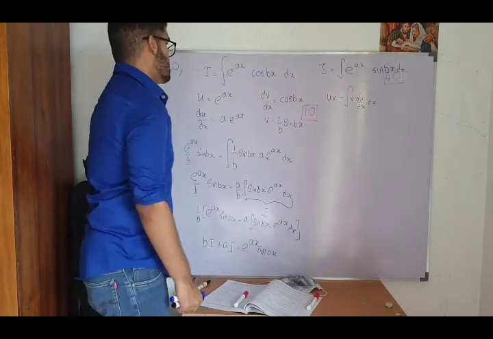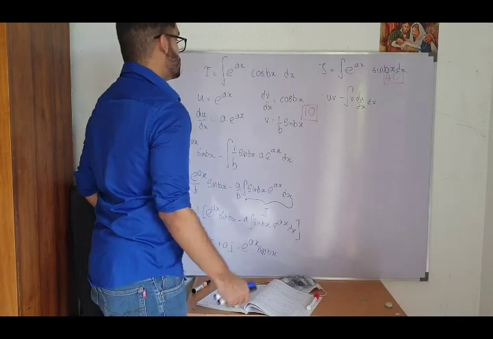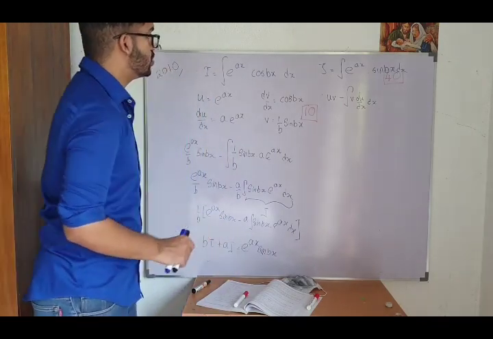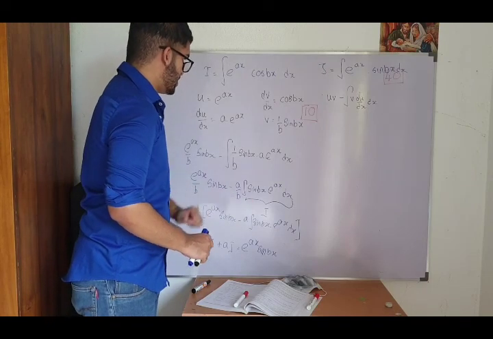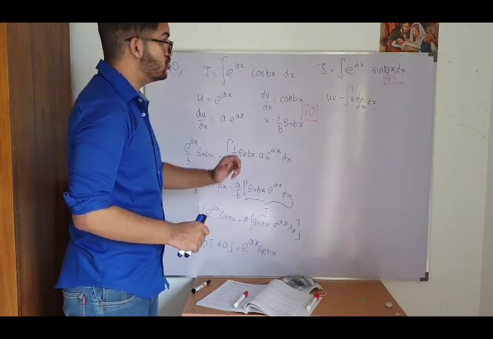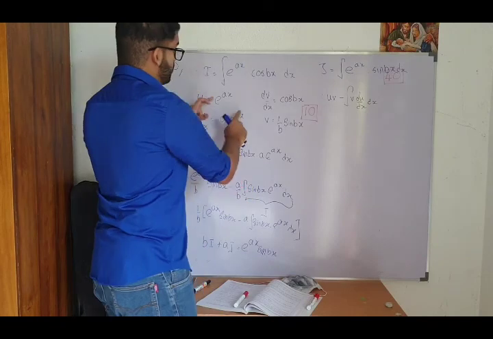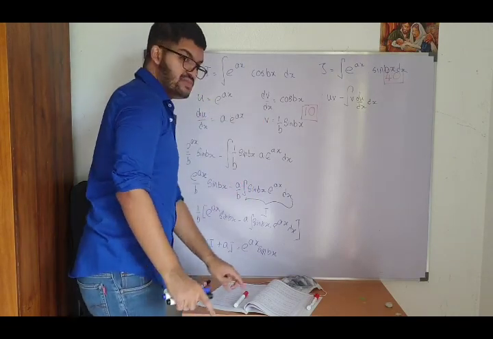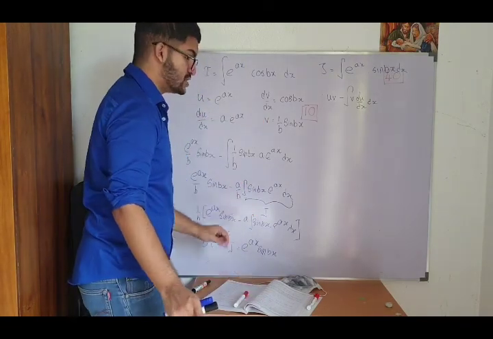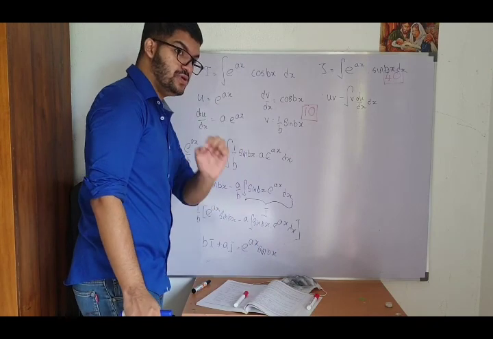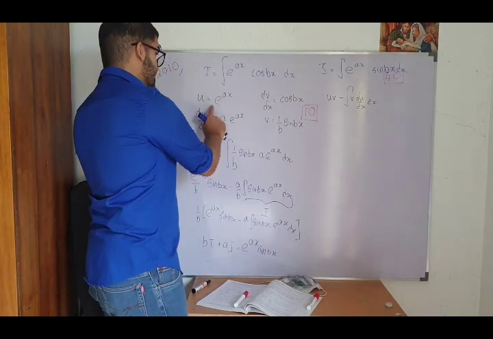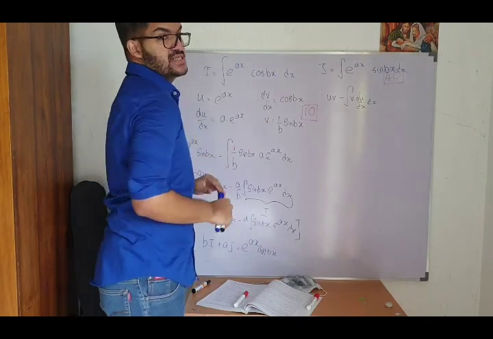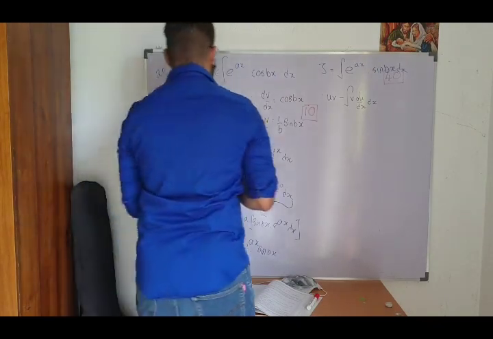Okay, so now what we should be doing is that we should solve this in this way. Now that we have solved this way, the next thing which we have to do is, they have given a minus sign, therefore minus minus plus becomes positive and goes to the other side becomes negative. Take u as cos bx this time.